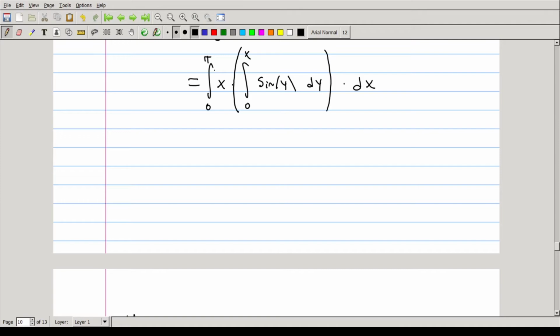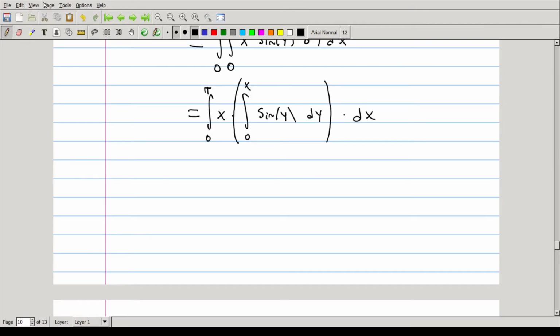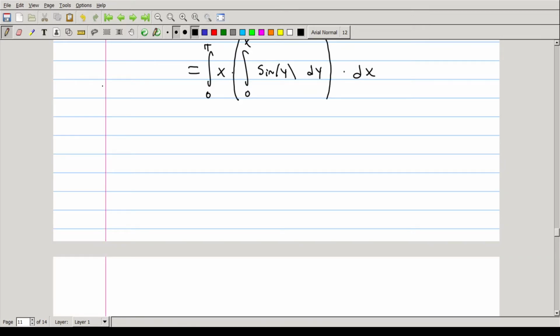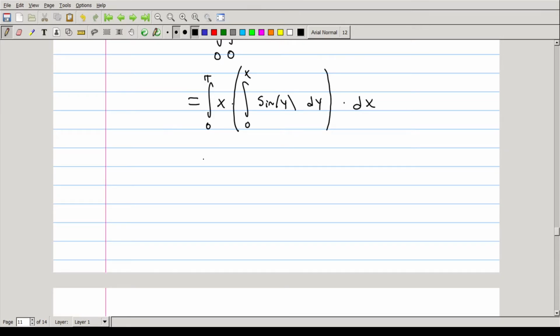And the integral of sine of y is going to be negative cosine of y. This is going to be the integral from 0 to pi of x times negative cosine of y evaluated from x to 0.